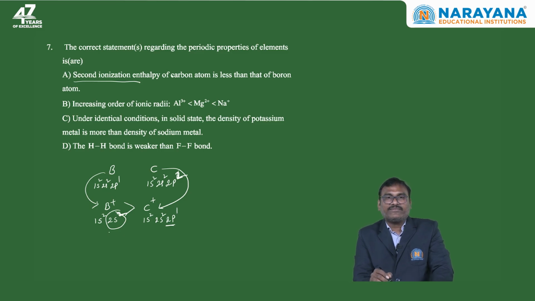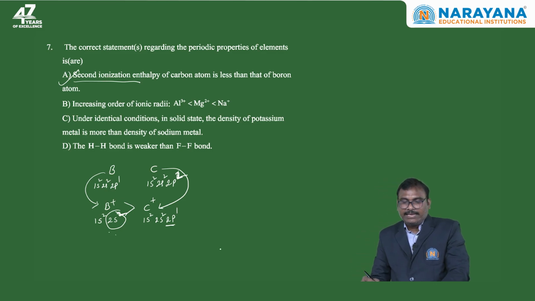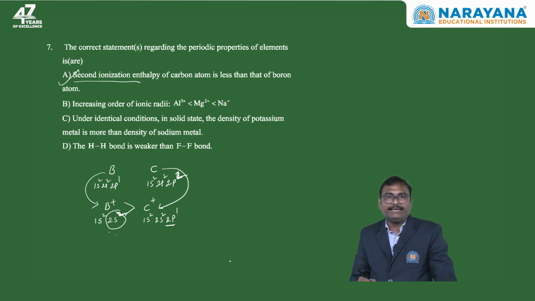The second ionization enthalpy of boron is more than that of carbon, since the removal is from the paired 2s electron rather than the unpaired 2p electron, which requires more energy because of stronger attraction by the nucleus.